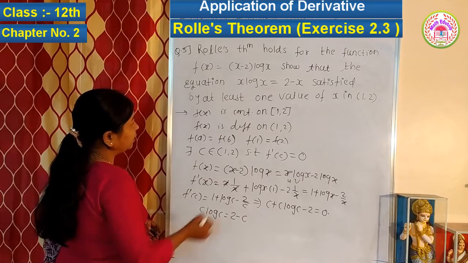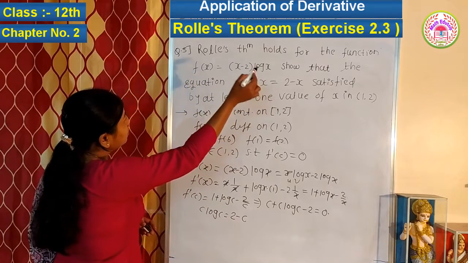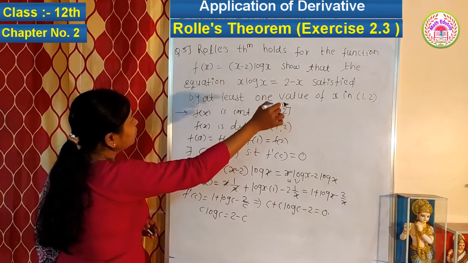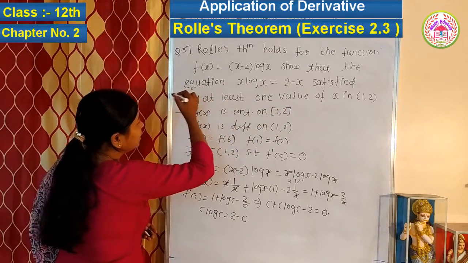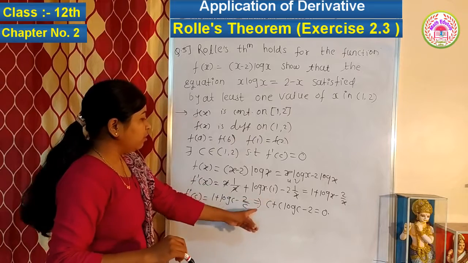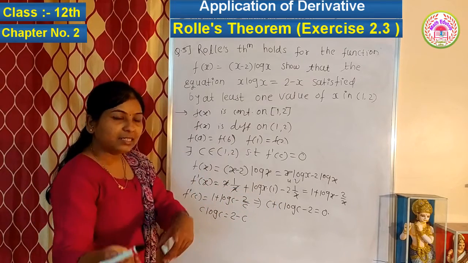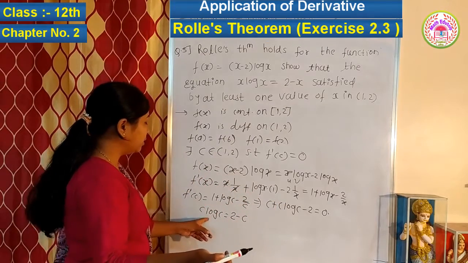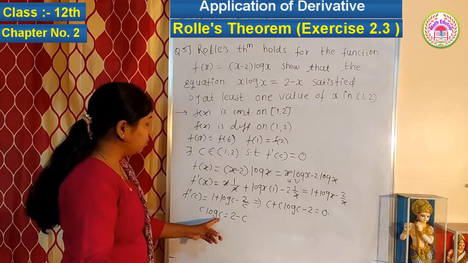Then what we want is that there exists at least one value of x in the open interval such that it satisfies this equation. As f dash of c is equal to 0 and we get this equation, definitely there exists one value c which satisfies this equation, such that c into log c is equal to 2 minus c.